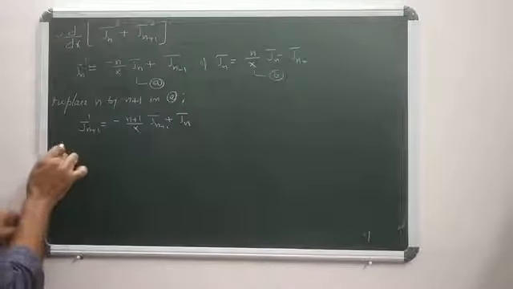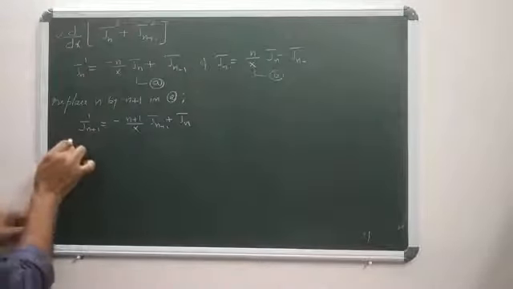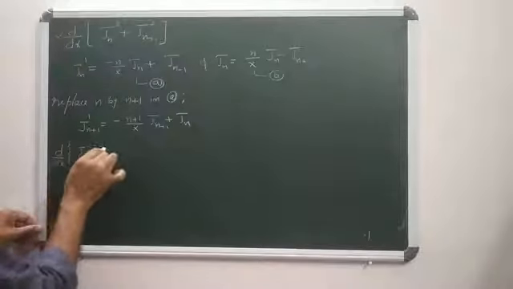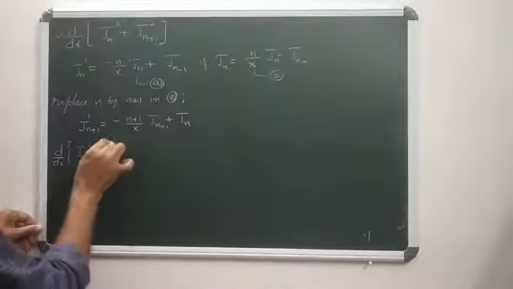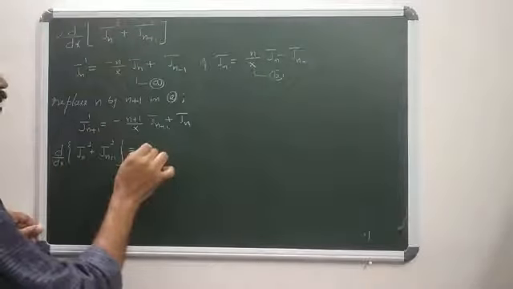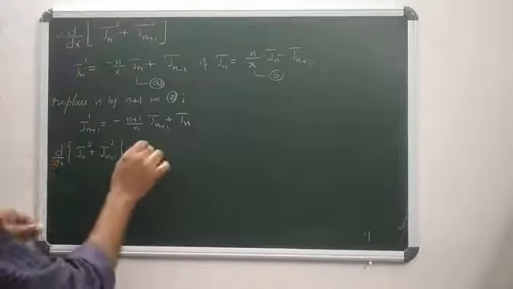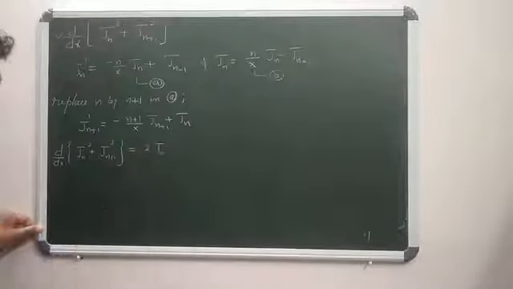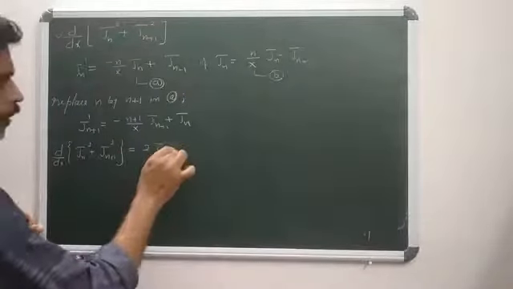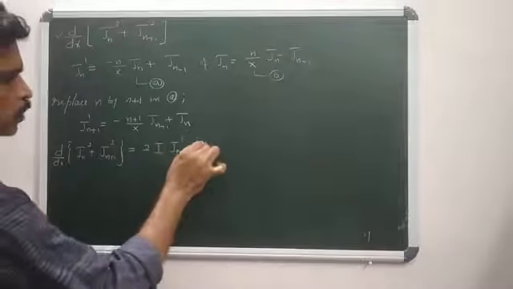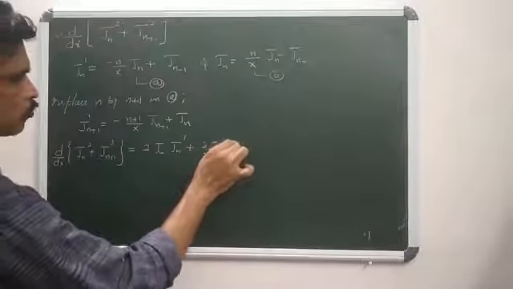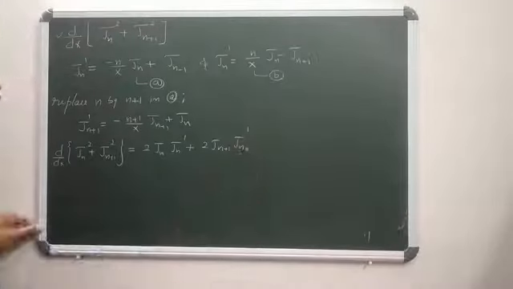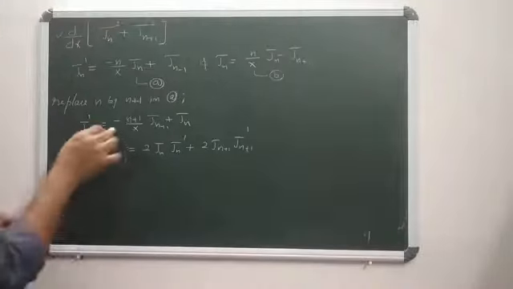Actually, d/dx of J_n squared plus J_{n+1} squared, if you differentiate in the usual way, equals 2 J_n J_n' plus 2 J_{n+1} J_{n+1}'.